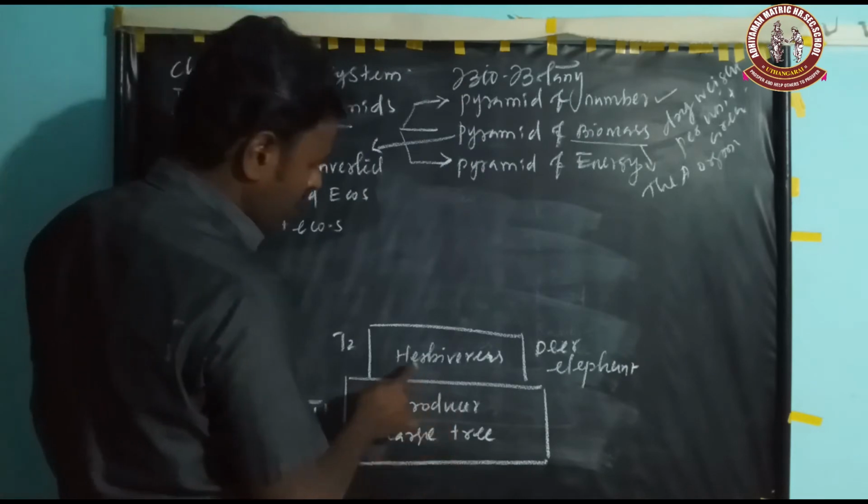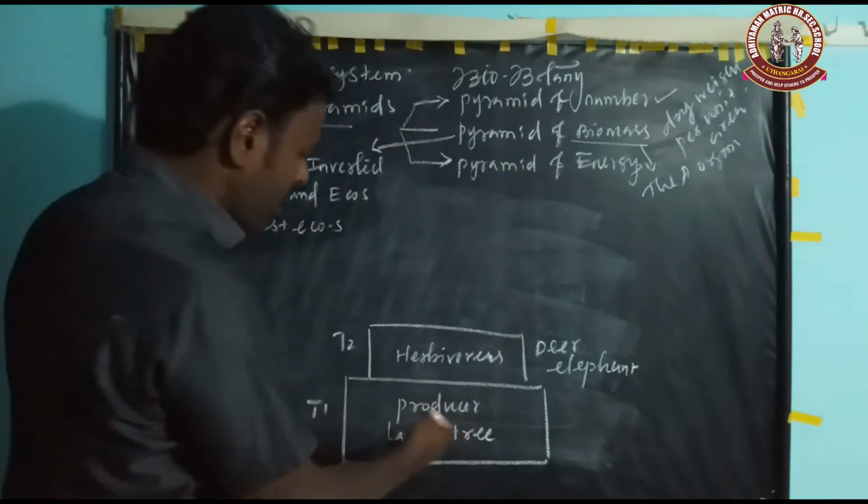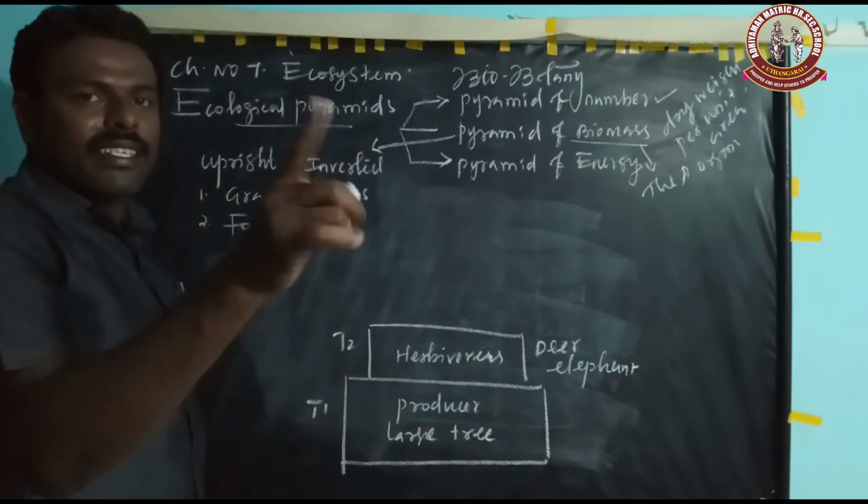You see that the number of herbivores is high, but the producers are low because they are large single trees.